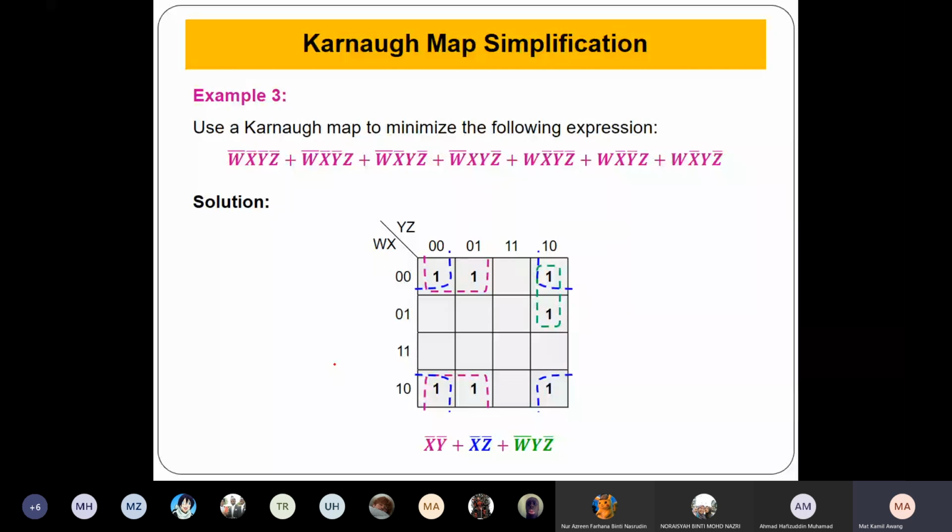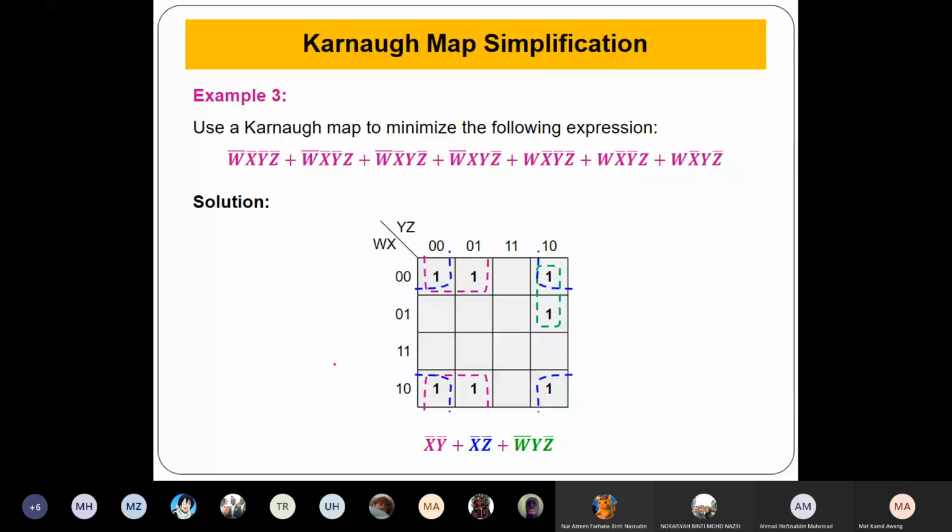So you have WX as the row and YZ as the column. So you construct the Karnaugh map, and from there, you fill up with the ones because this is sum of products. Therefore, you fill up the cell which gives you a 1 for that expression.